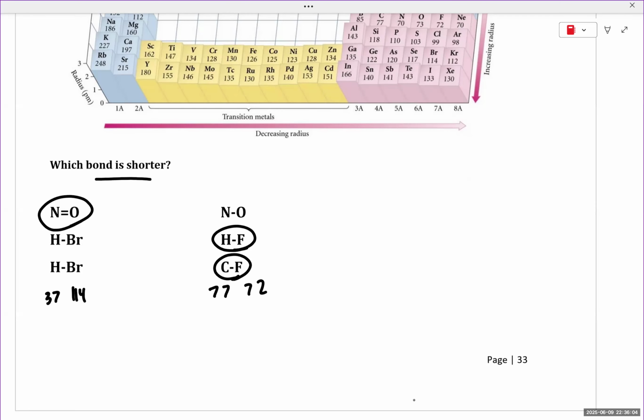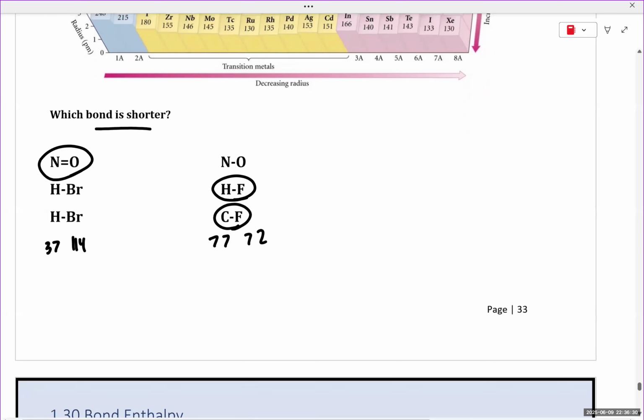When you're thinking about bond length, you want both atoms to be small and close in size. This gives you a shorter overall bond length if the atomic radius of each atom is small. When you have one atom that's especially large, that one atom's atomic radius is often going to make the overall bond length quite long.